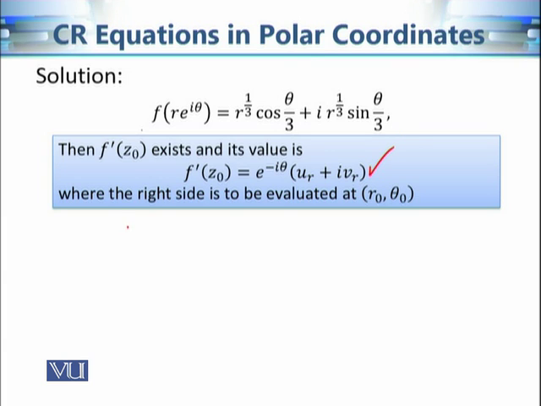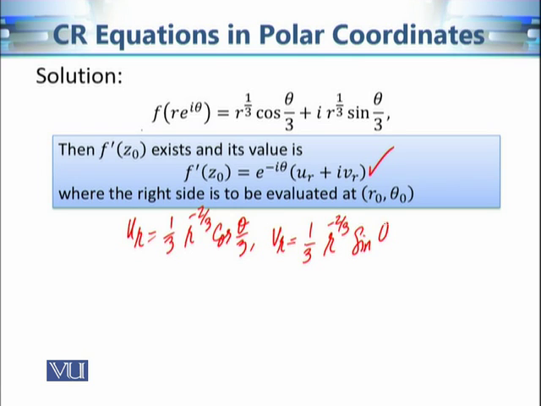So what is ur in this case? ur is basically equal to 1 by 3 r raised to power minus 2 by 3 cosine theta by 3, and Vr is basically equal to 1 by 3 r raised to power minus 2 by 3 sine theta by 3. So basically f prime of z naught, and z naught is given in terms of the polar coordinates.